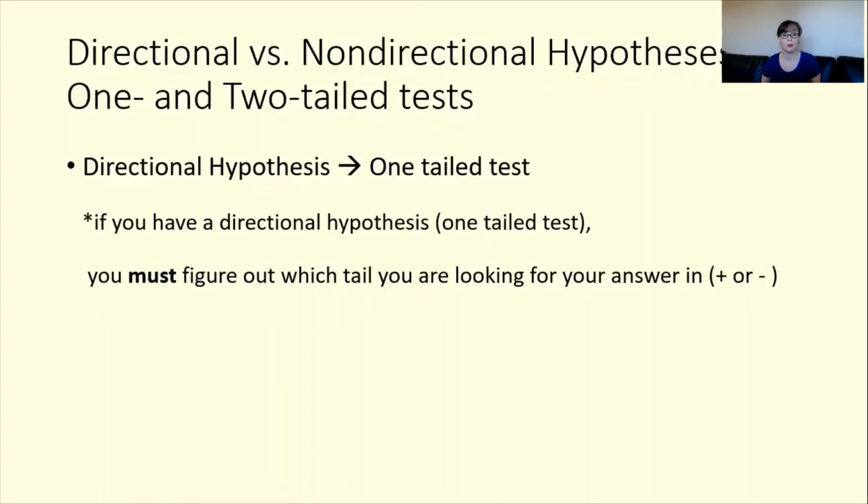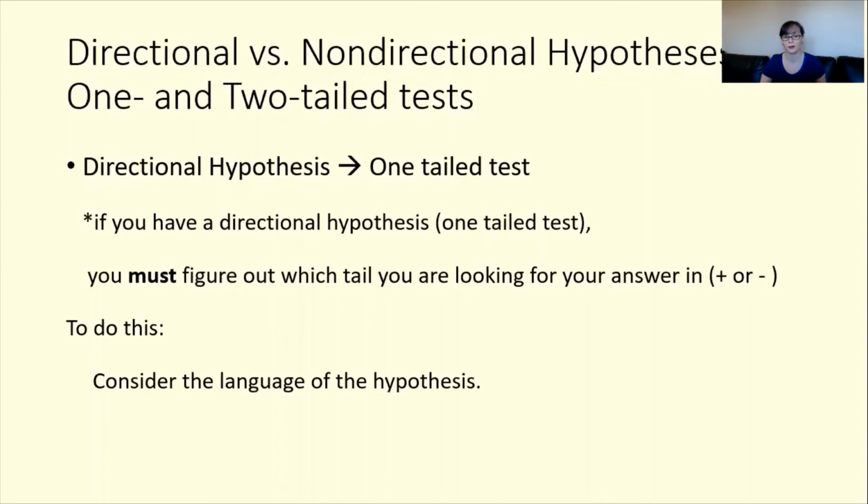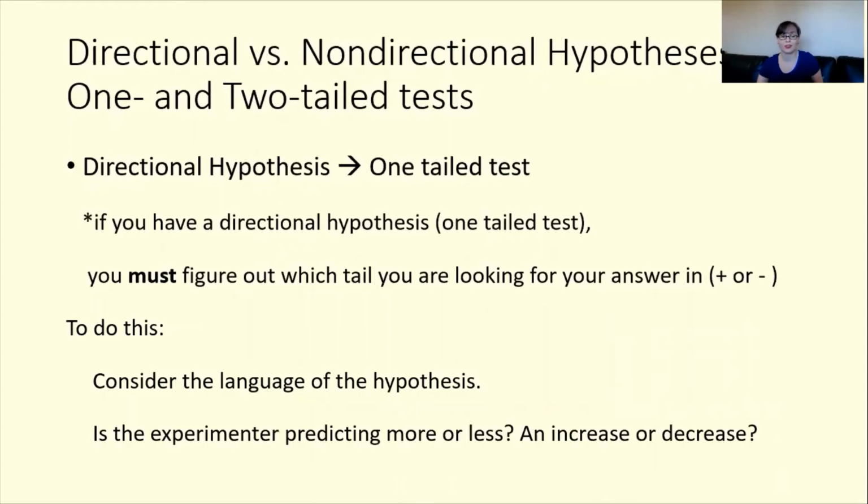Remember that things like more, an increase, or bigger are typically going to mean a positive z-score that we're looking for as our cutoff score, where things like less than, a decrease, or smaller are typically going to mean a negative z-score as our cutoff score. And to do this, we're just going to consider the language of the hypothesis. And again, thinking about, are they predicting more or less, increase or decrease? That's really the main thing that we're going to have to worry about for our one-tailed test.